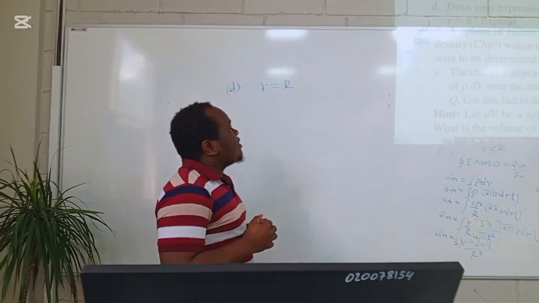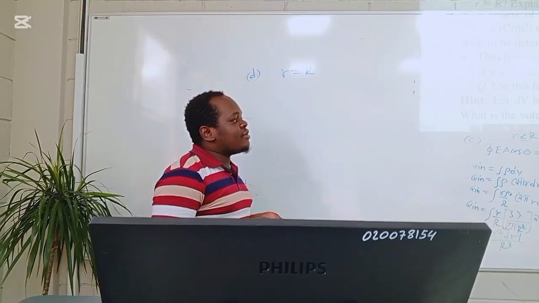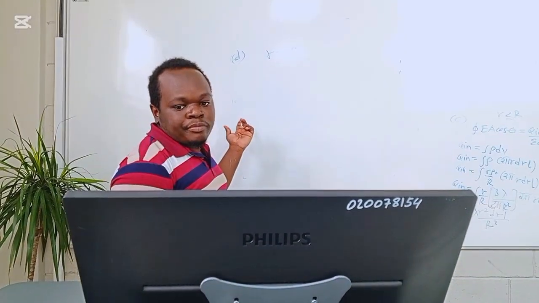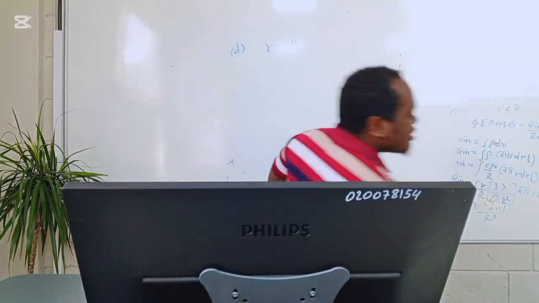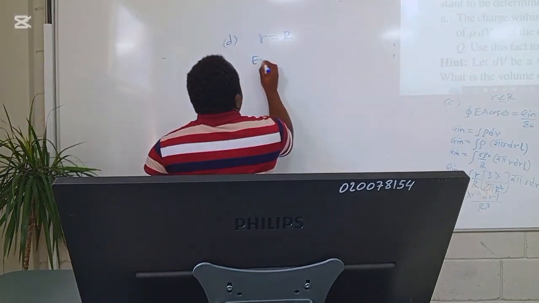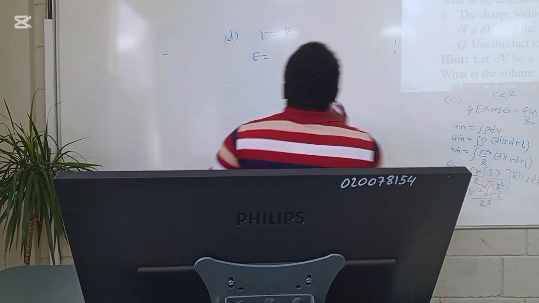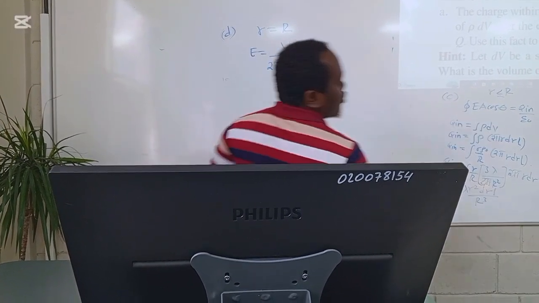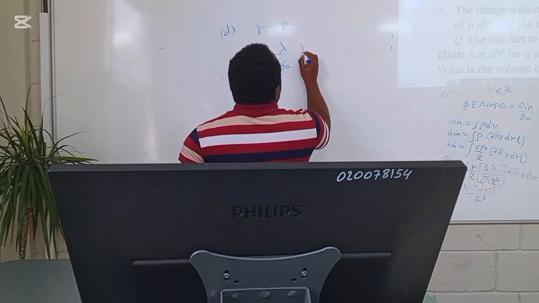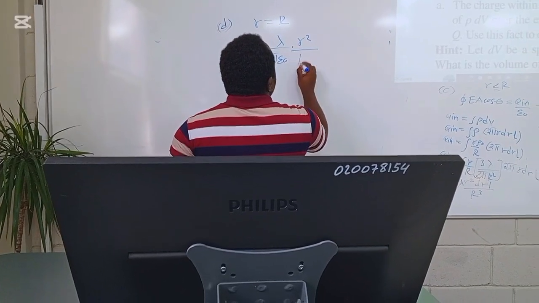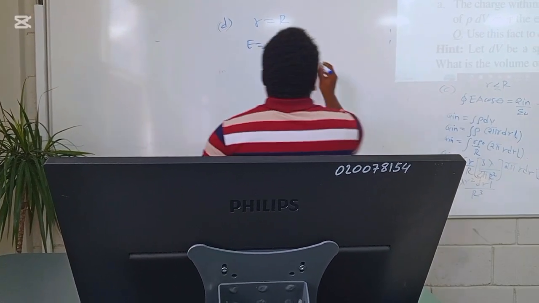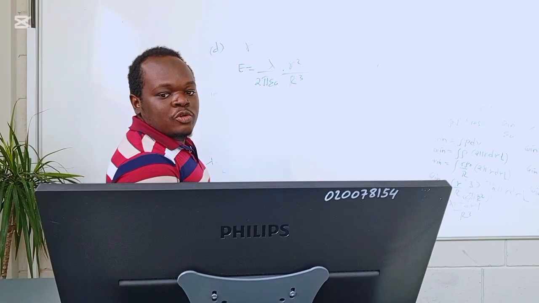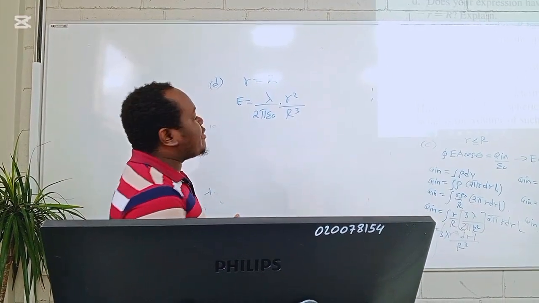It means that this is on the surface, not inside of the cylinder. So the expression that we got, electric field equal to lambda divided by 2 pi epsilon naught r square divided by R cube, when we put r equal to R, we will have the expected value at the surface.